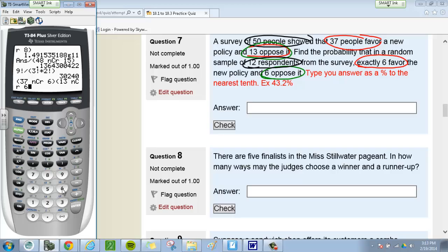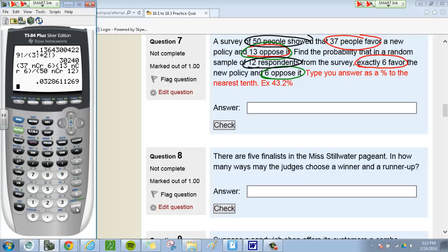Then we're going to divide that by how many people there were. There are 50 people in this group, and we're choosing 12. That's the sample size of this scenario. Choosing 12. There we go. And bingo!